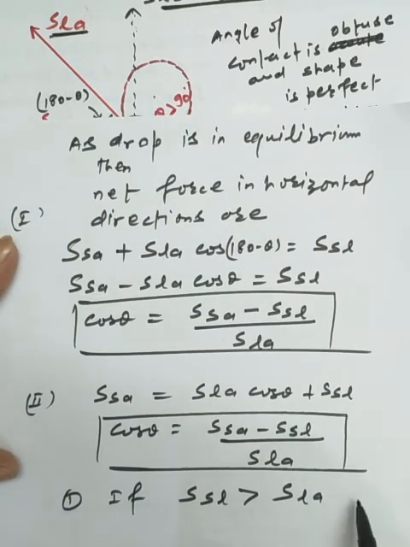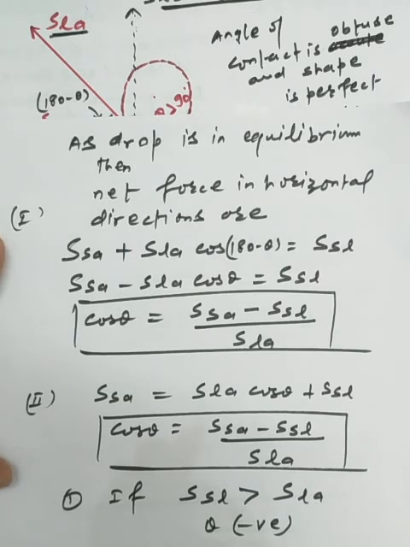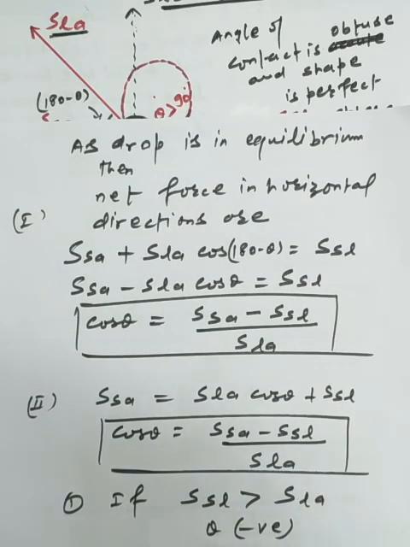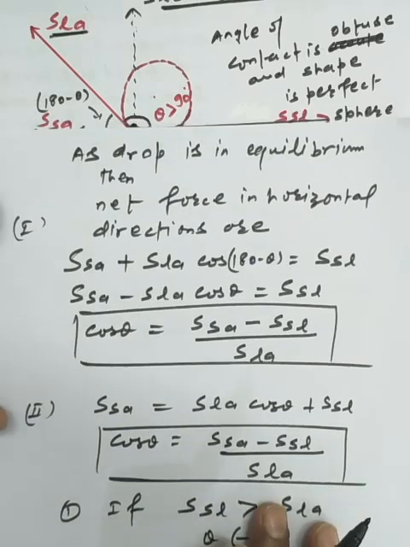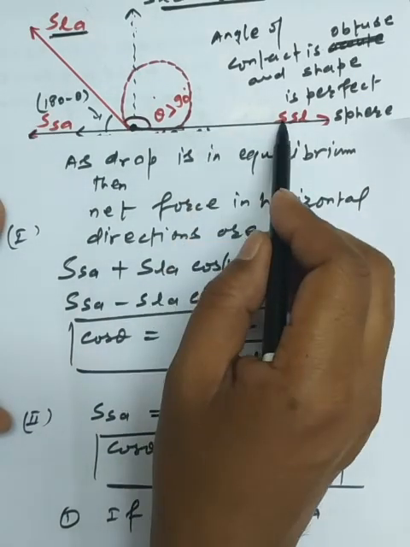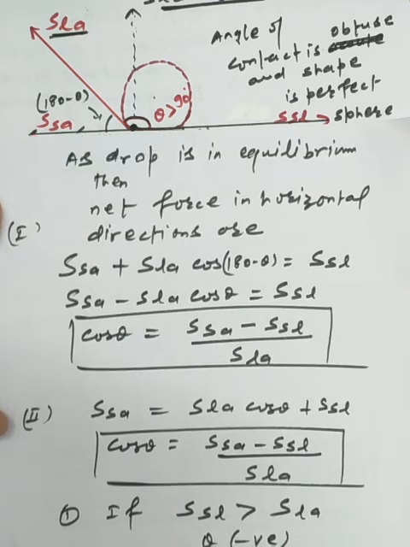At this time we imagine theta will be obtuse, and a lot of energy is needed inside the drop, so it does not wet the solid surface. This is the consideration we have.